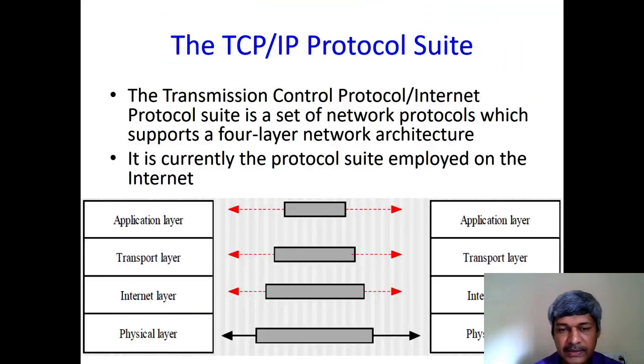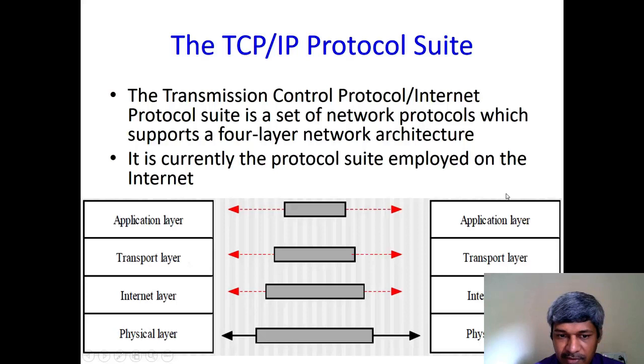In the internet, we use the TCP/IP protocol suite. The Transmission Control Protocol/Internet Protocol suite is a set of network protocols mainly used in the internet, and it supports a 4-layered network architecture. It has the physical layer, internet layer, transport layer, and application layer.